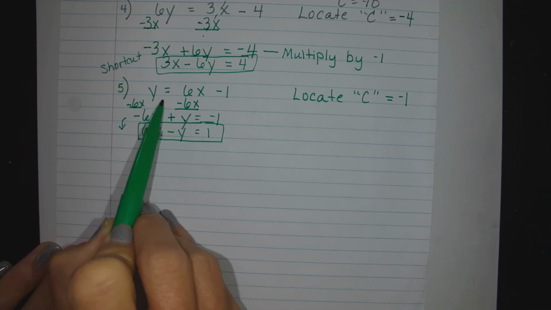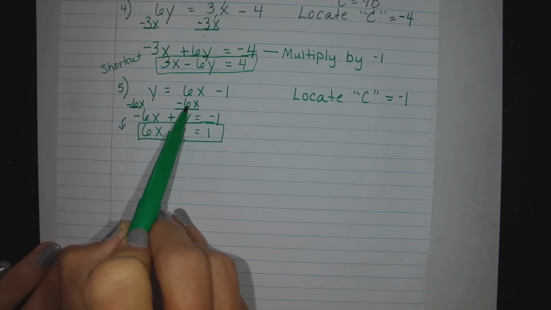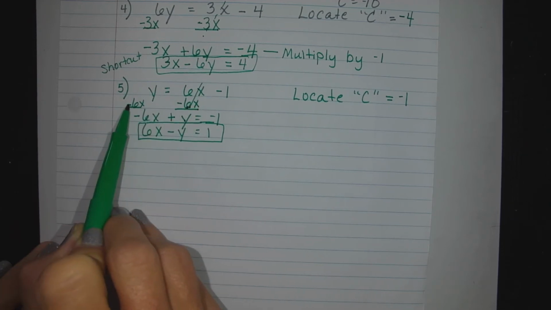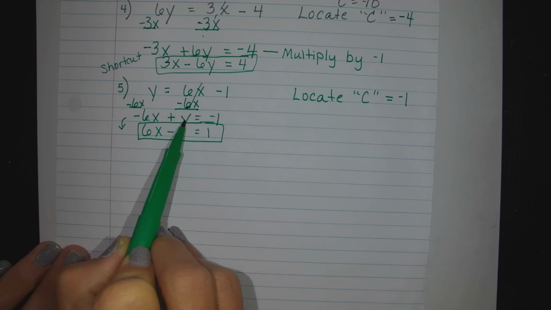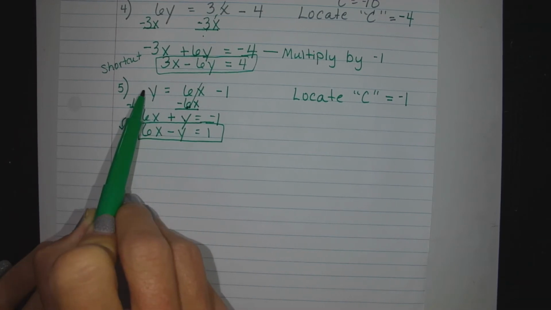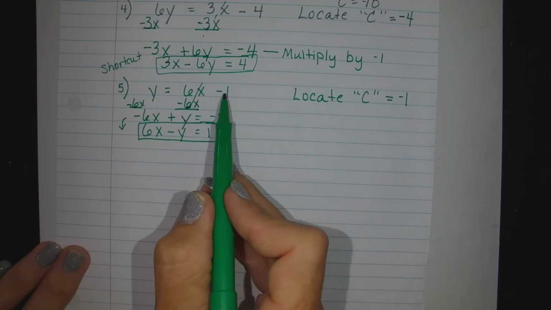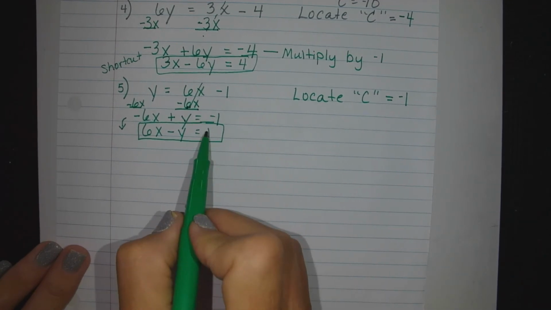I brought it down here. I brought the 6x over here. X has to come before y because the formula tells me. So this y, it's positive here. I haven't moved it. It stays positive. And the -1 stays, until here.